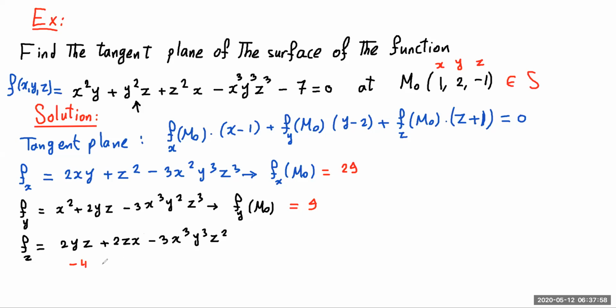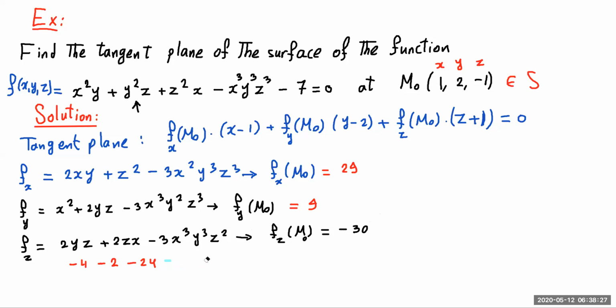Then here minus 2. And then here I will have x1 y2, so 8 times 3, minus 24. So it will be minus 30. So let's write here that the partial derivative with respect to z at M0 is equal to minus 30.